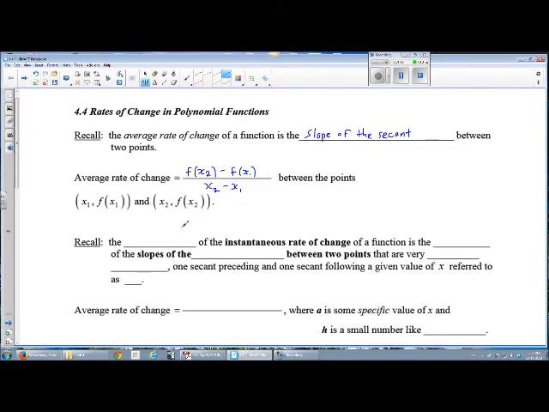Let's now recall that the estimate of the instantaneous rate of change of a function is the average of the slopes of the secants between 2 points that are very close together.